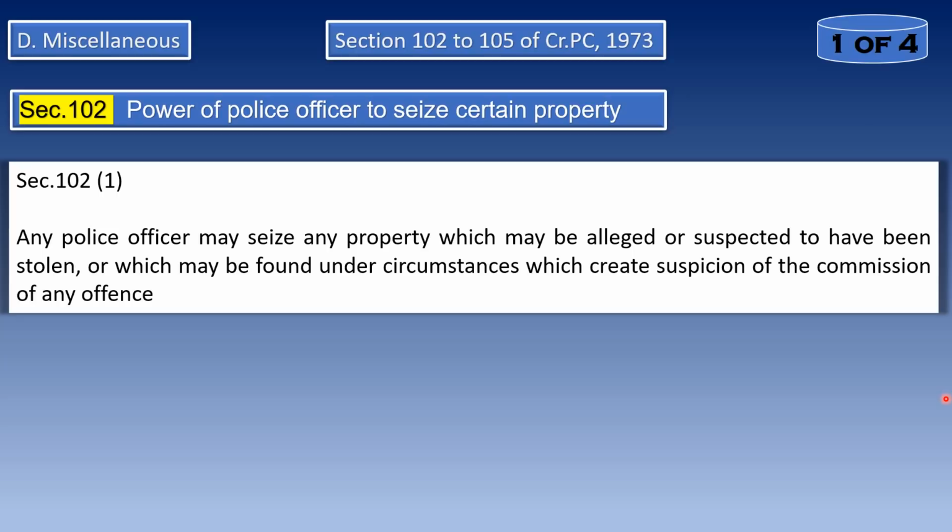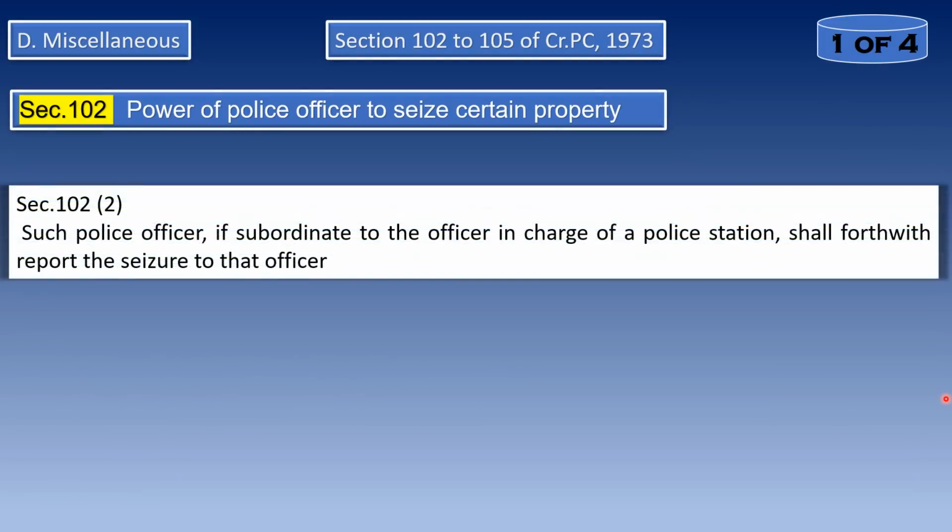Let's move on. Subsection 2 of section 102 says such police officer, if subordinate to the officer in charge of the police station, shall forthwith report the seizure to that officer. Now this is simple, interesting and different. Why am I calling it simple, interesting and different?